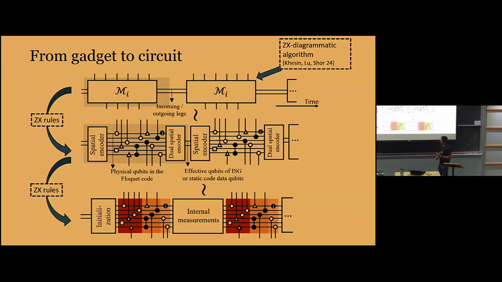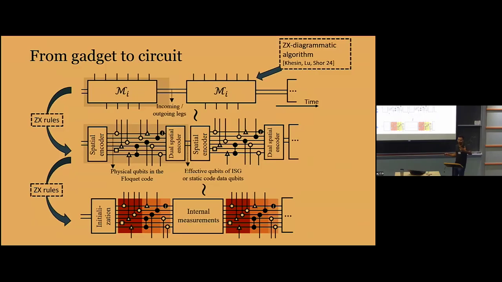So the point is that once I specify these input-output relations on these gadgets, then I can write a ZX diagram for it. There's a recipe that I will use to write a ZX diagram. And once I write a ZX diagram, I will express that ZX diagram in this form where I have some sort of spatial concatenation, which I call a spatial encoder, meaning I concatenate the physical qubits with some small code.